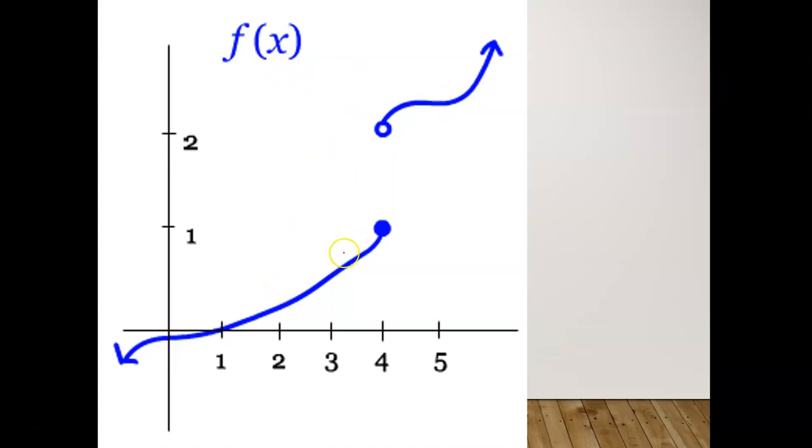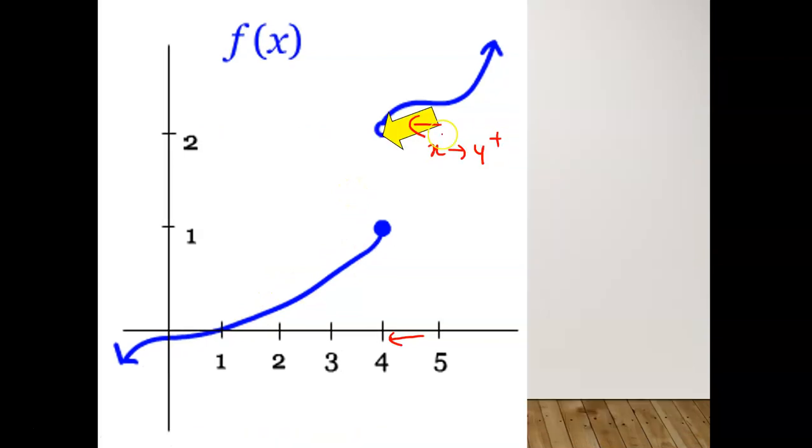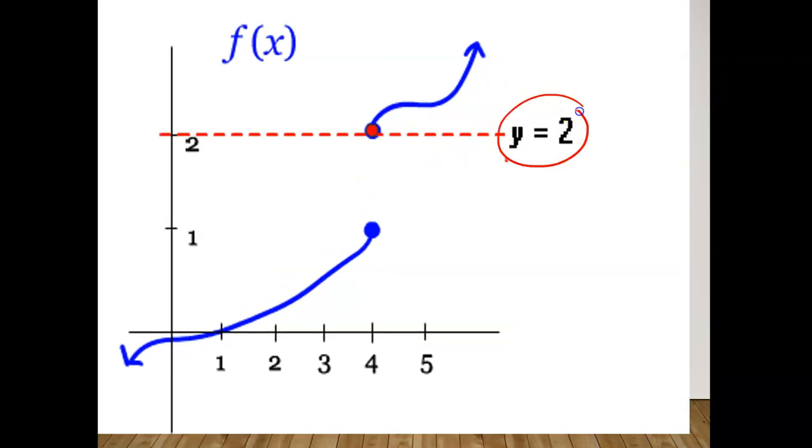But what if you have f(x) like this? This is your f(x), and you want to find the limit when approaching 4. The yellow arrow is showing you what happens to your graph when x is approaching 4 positive. On the right side, approaching 4 positive, the value will be y equals 2. It stops here and you can find the value.